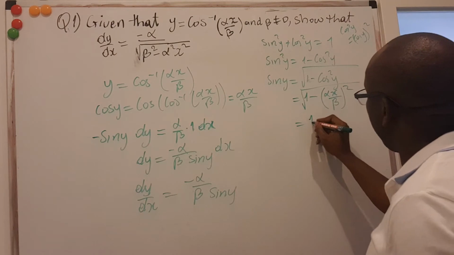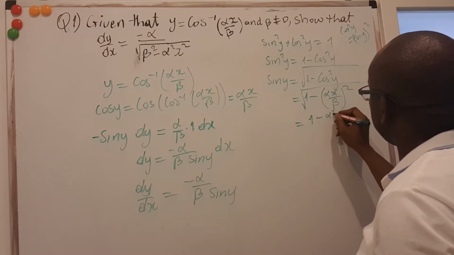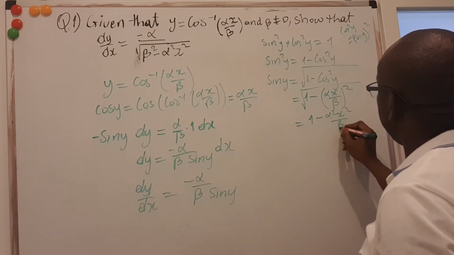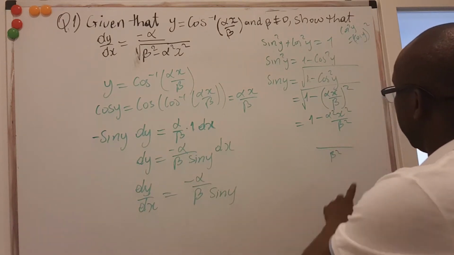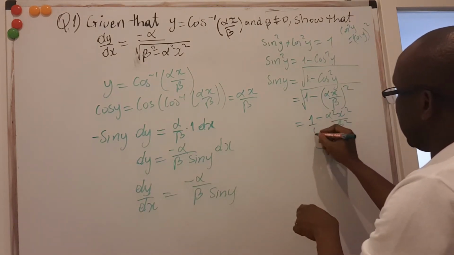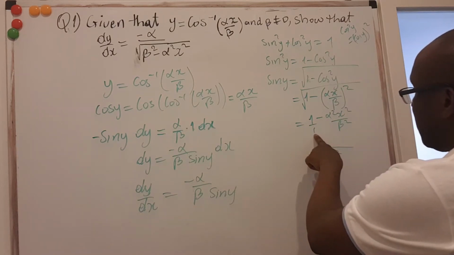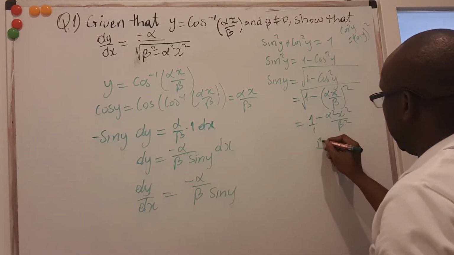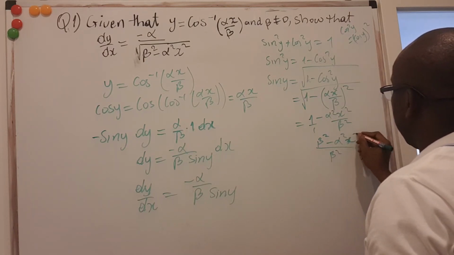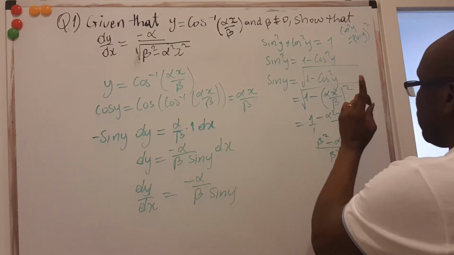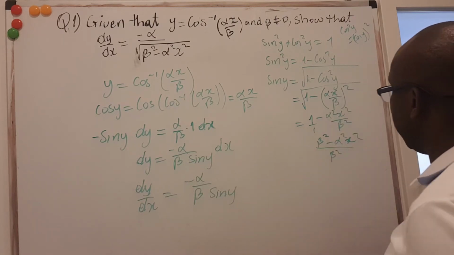So to do that, I have 1 minus alpha squared x squared all over beta squared. The lowest common multiple here is beta squared. So beta squared, you can say this is on 1, divided by 1 is beta squared times 1 is beta squared. So this is beta squared minus alpha squared x squared, because beta squared divided by beta squared is 1. 1 times that gives me that.